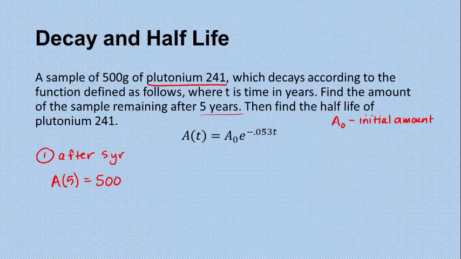So it's 500 grams, and I'm multiplying that by e to the negative 0.053 times 5 because I'm substituting in the 5 there. So this is just type it in your calculator and let's see what happens. All right, go ahead and do that. Don't pause because I'll just type with you.